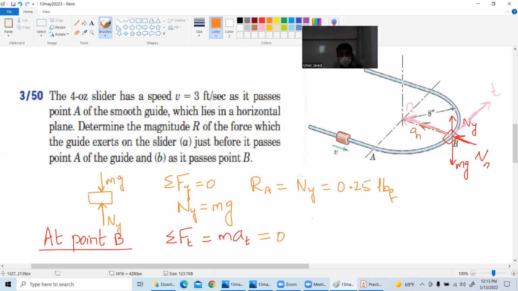Good, thank you. Because the v is constant, then I have summation of forces in the normal direction. Okay, Abdullah, do it. Give me the answer.